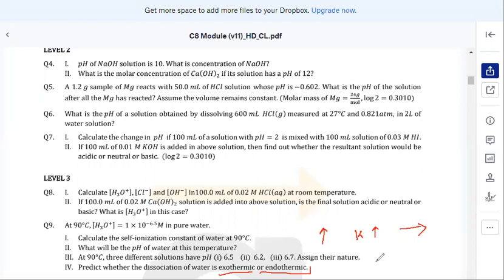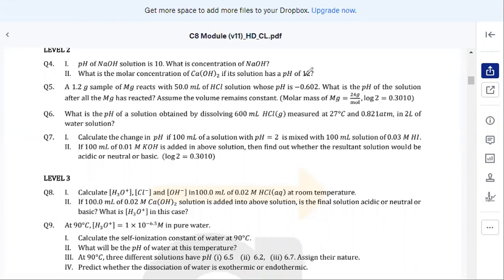Now it is 10 to the minus 13, which is more than 10 to the minus 14. So what do you think? Yes, very good, endothermic. Because if temperature is increasing and the reaction is shifting in the forward direction, obviously it is endothermic. Right, everyone?